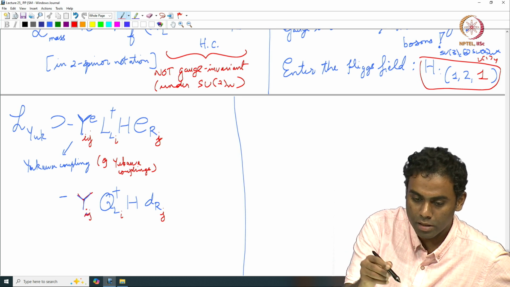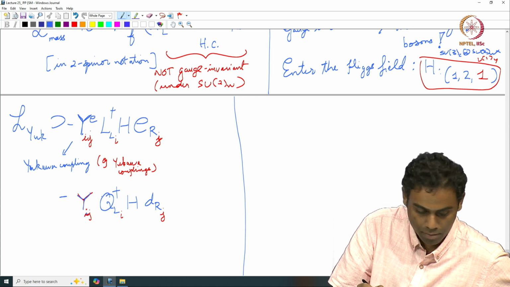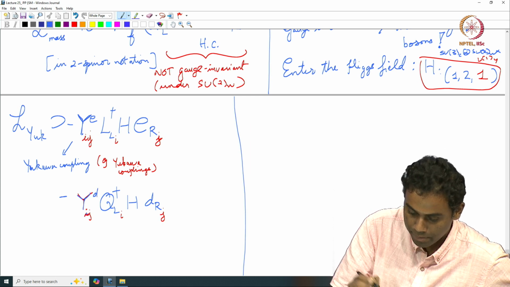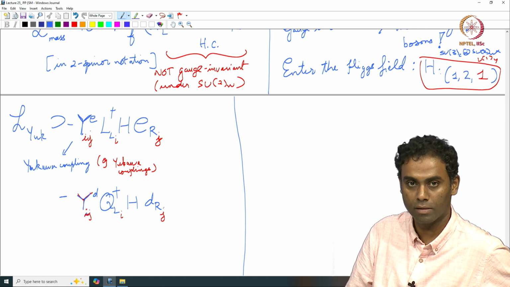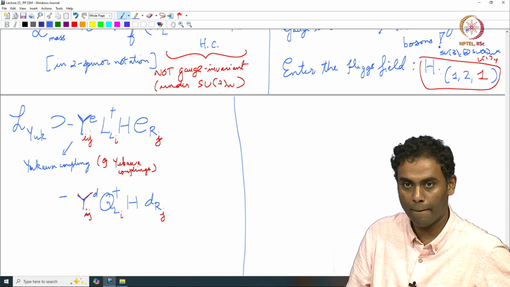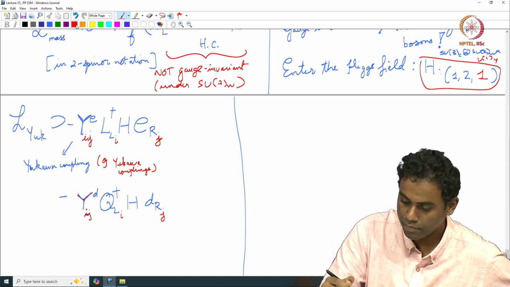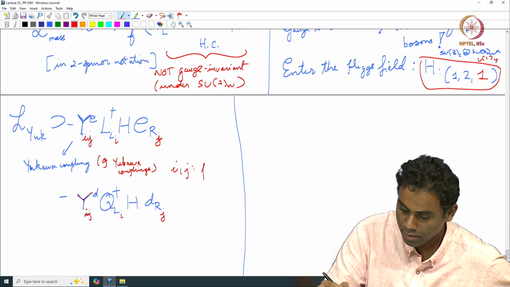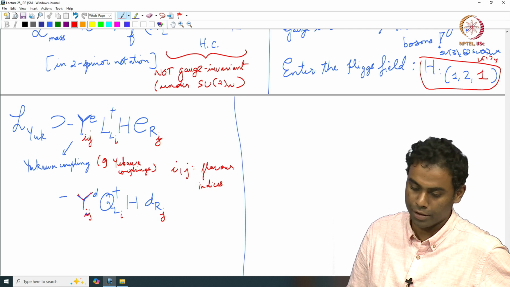But now, since this is unique to the quarks, I might as well call this Yd, okay, because only the D quark has come along for a ride here, right? Okay, excellent. So, let me just be very clear, the I and J are flavor indices. Very good.